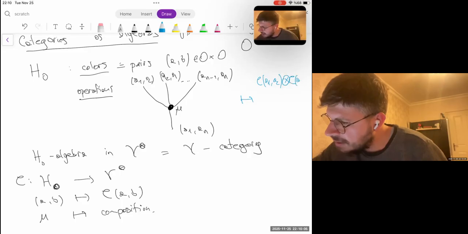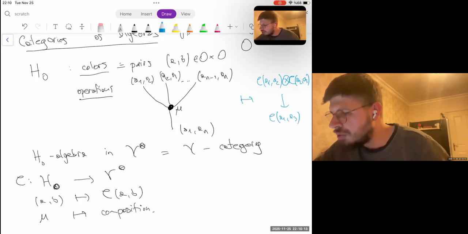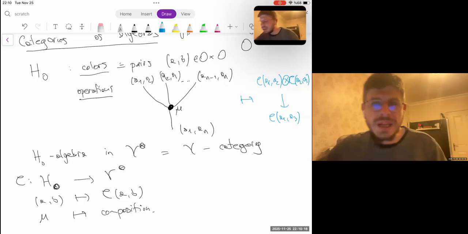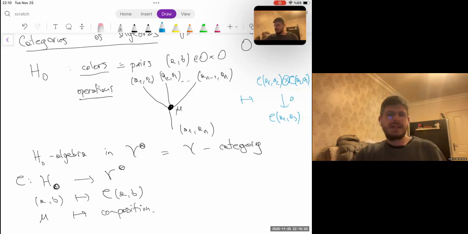This will assign a morphism in V from C(A1, A2) tensor C(A2, A3) to C(A1, A3), and you obtain some composition when you take an algebra.